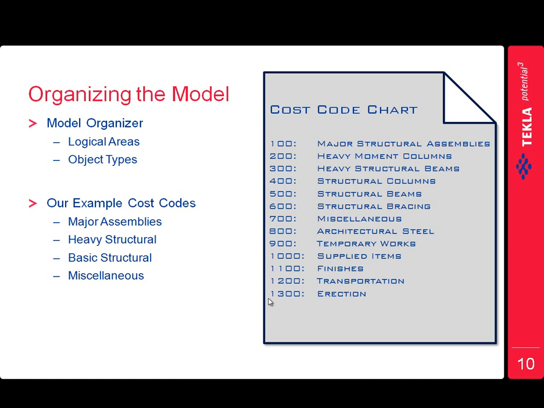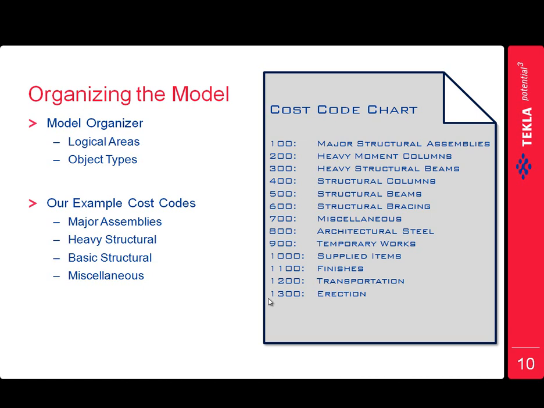The point of that is that an object in Tekla can only belong to one logical area. So the beam on floor 1, if it was already in an existing logical area, couldn't be added to another one. Now with the object types, you can kind of mix and match those.